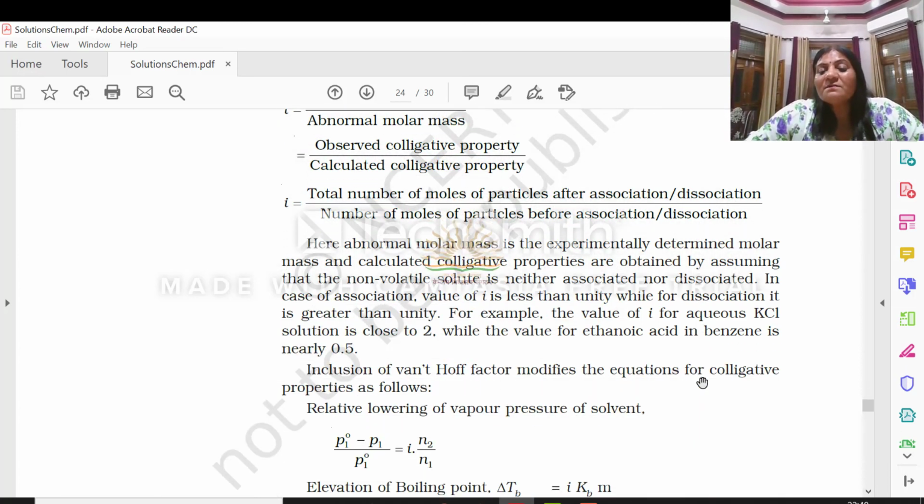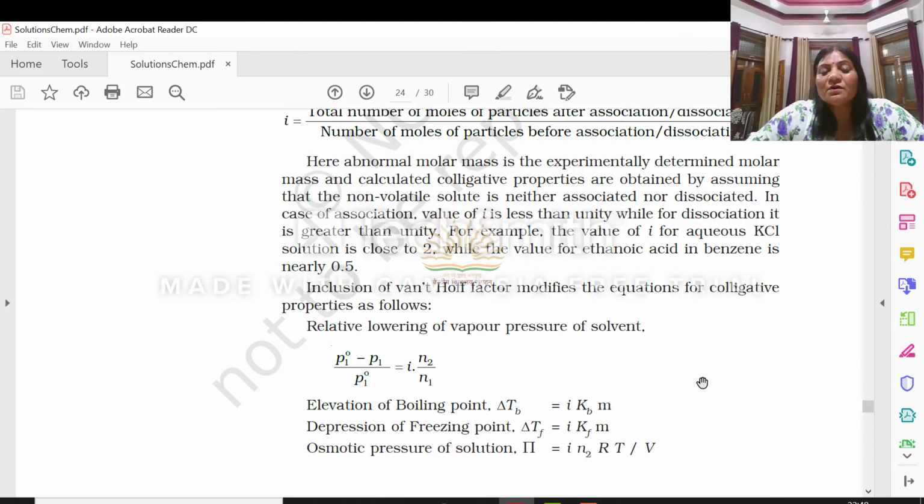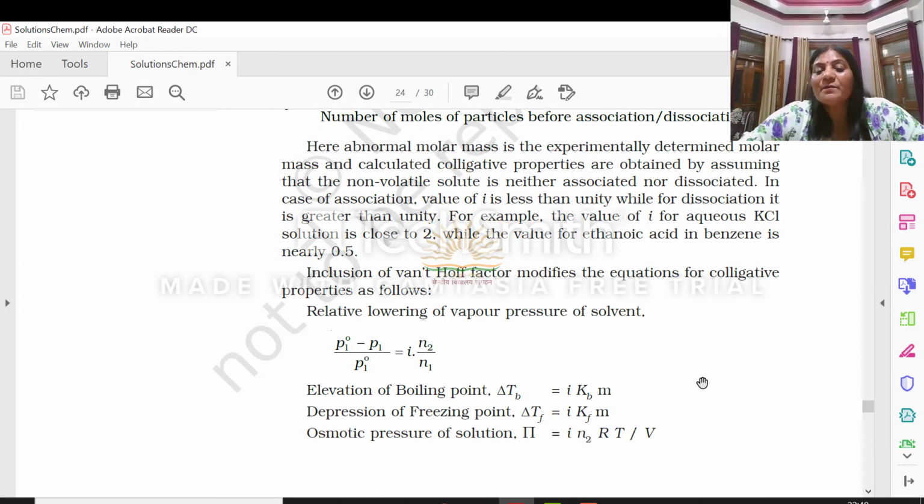Here abnormal molar mass is the experimentally determined molar mass, and calculated colligative properties are obtained by assuming that the non-volatile solute is neither associated nor dissociated. In case of association, the value of i is less than unity, while for dissociation it is greater than unity.